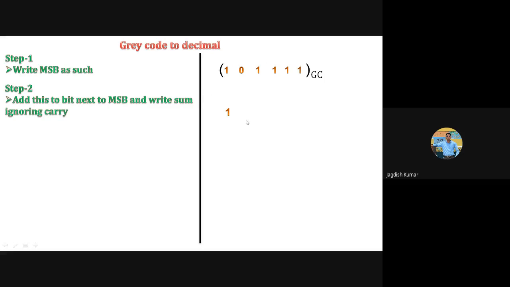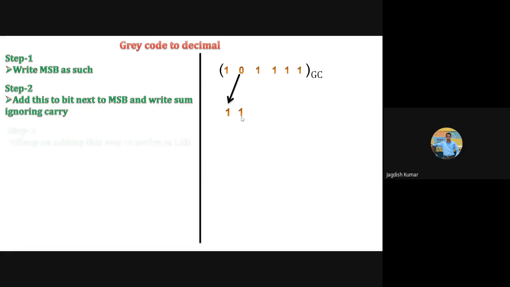What this means is that you wrote this bit here, you have to add this bit to the next bit appearing here. So you have to add these two and write down the sum, and the sum should appear here. So basically 0 plus 1 will be what? 1. If there is any carry, you ignore it.